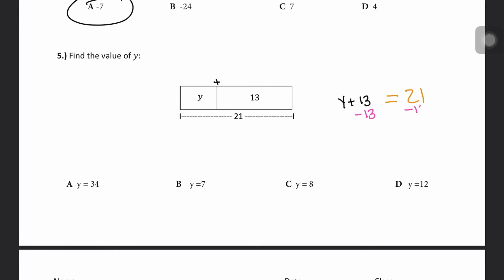I notice that I'm adding 13, so the inverse operation is minus 13. Because that's going to give us a coefficient of 1. And then 21 minus 13 is 8, which is letter C.